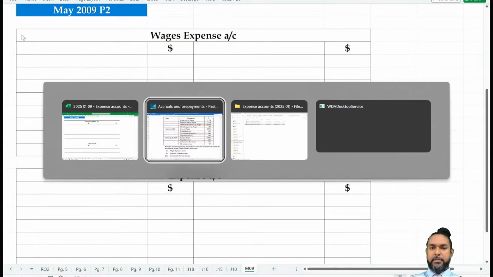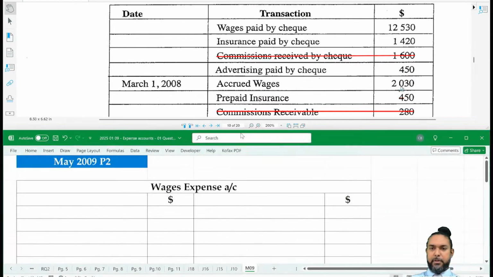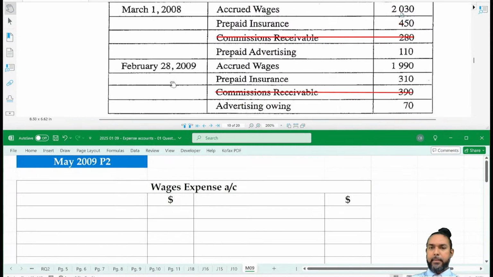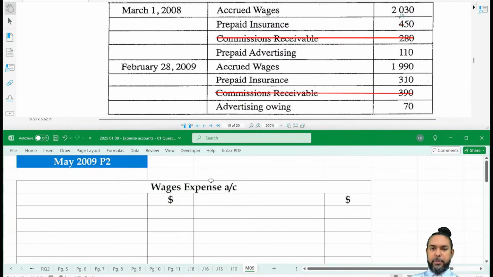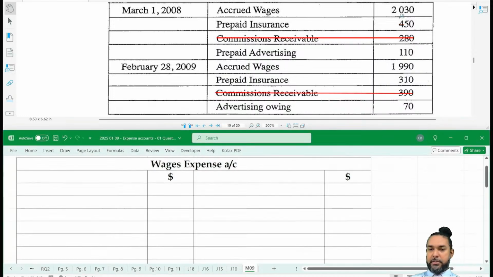Okay, cool. So let's go back here. We're gonna put this item to the top, put this item below. Right, so the wages balance. So accrued at start and at end. Again, an accrued expense is a current liability. Liabilities have balances brought down on the credit side.